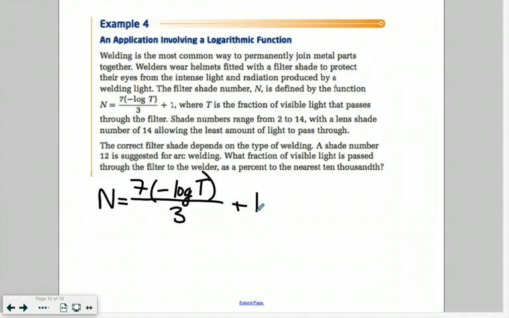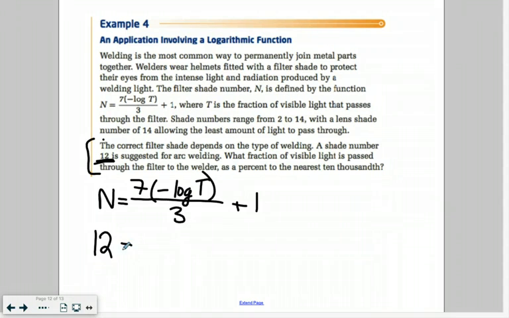So what information have they provided? Have they given us the shade number, a value of n, or the fraction value of t? Reading that last line, they've given us the n value. The shade number is 12, so that 12 needs to be substituted into our formula for n.